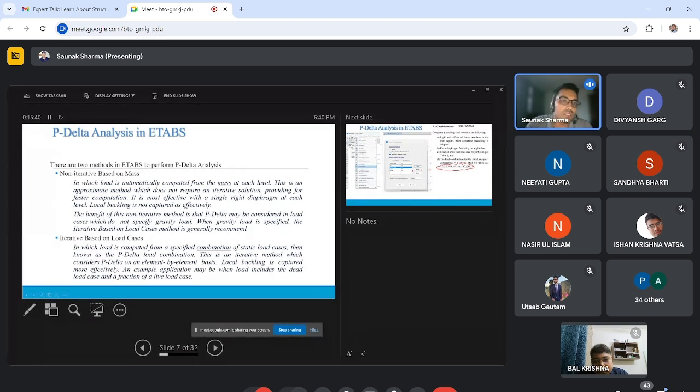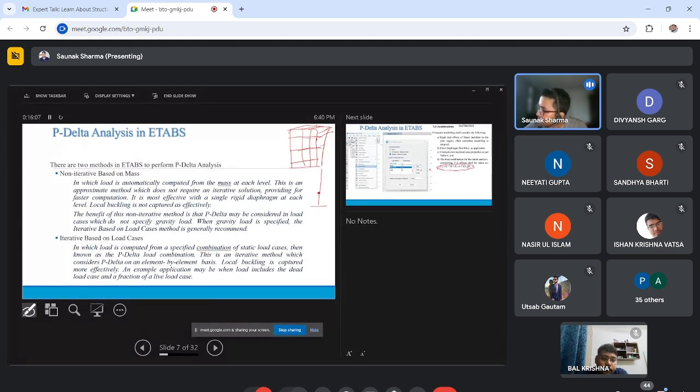One is non-iterative based on mass, in which load is automatically computed from the mass at each level. Generally, when we design a building, even though we model it as a 3D model like this, it converts the building into a lump mass method. It will act as a single column.